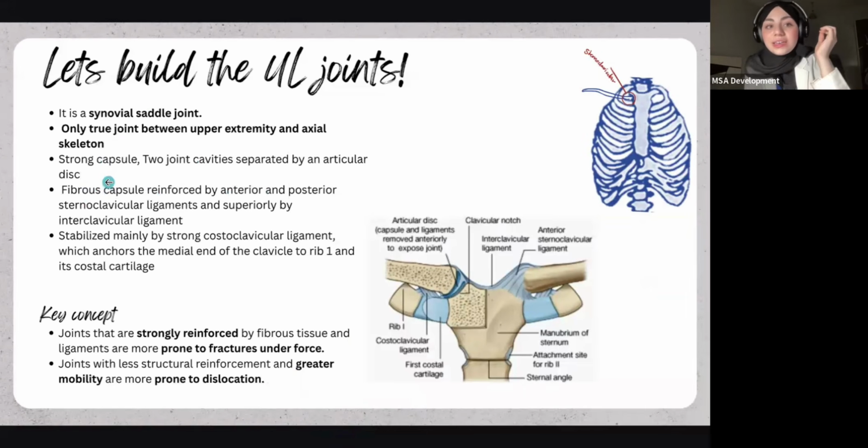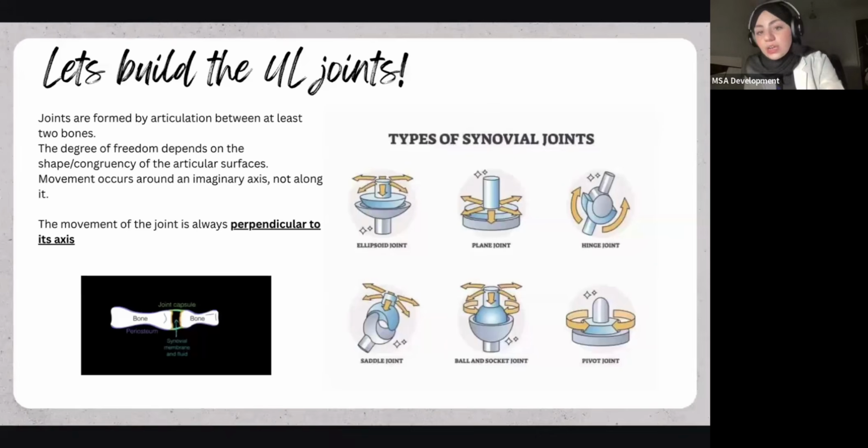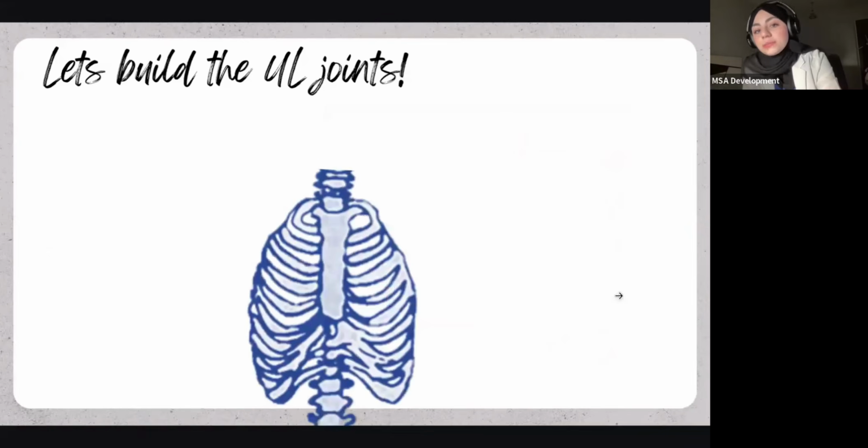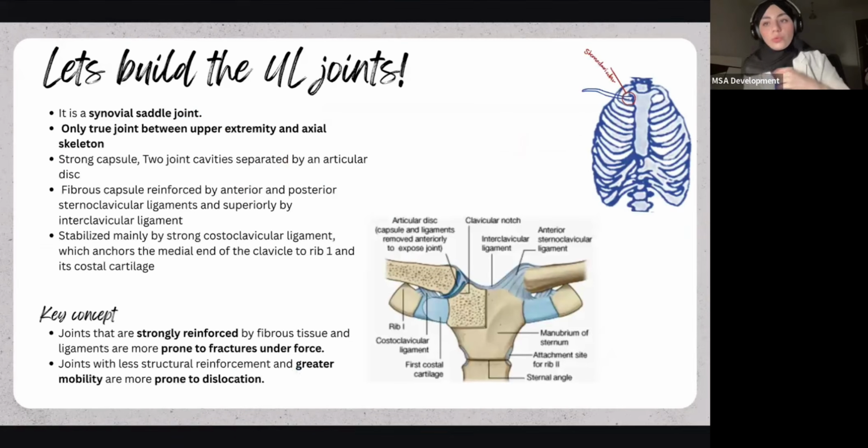Now, more about the sternoclavicular joint. This joint actually is a saddle joint, which means that, what does this mean? How many axes does it move in? It moves in biaxial. It has two axis movements. But you might be asking me, Lotus, I cannot move my clavicles at all. And this is exactly what I mean when I say it's heavily reinforced. Now, in shape, it's a saddle joint.